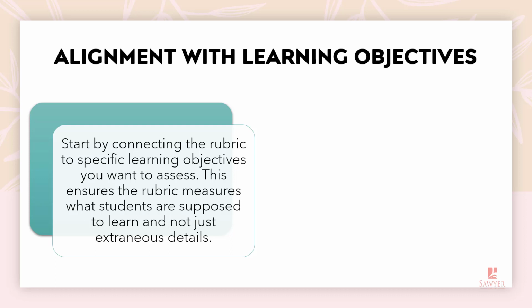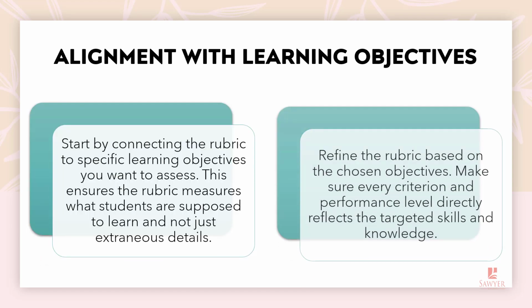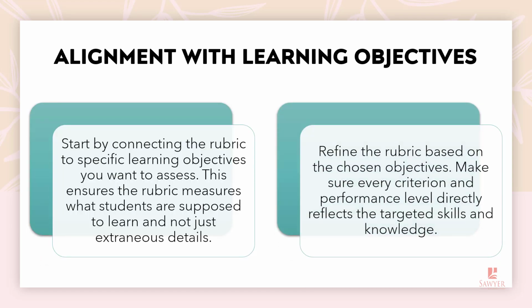So we start by connecting the rubrics to the specific outcomes that we want to assess, and we build from there going forward. And then we refine the rubric based on the chosen objectives and make sure that every criterion and performance level directly reflects the targeted skills and knowledge.